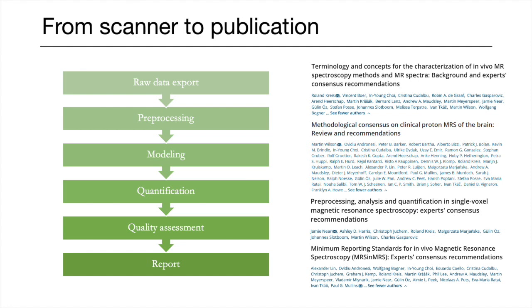During quantification, we take parameters that the modeling generates and convert them into meaningful units of concentration. During quality assessment, we determine whether data and modeling quality of a dataset are sufficient. And finally, we'll talk about what details of MRS studies should be reported. On the right, you'll see specific consensus papers that I recommend to beginners and that this presentation leans on substantially.